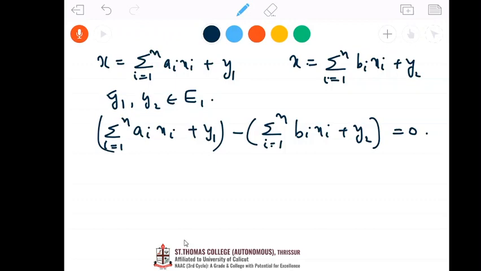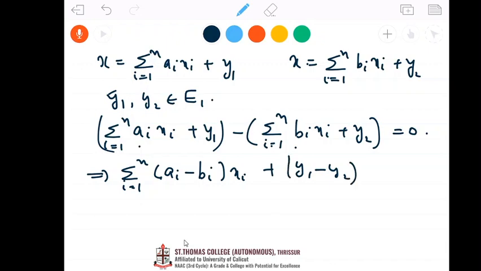And this means, summation i varies from 1 to n, here we have ai xi, here we have bi xi. The xi's are the same, so we can write this as summation ai minus bi times xi plus y1 minus y2 is equal to 0.